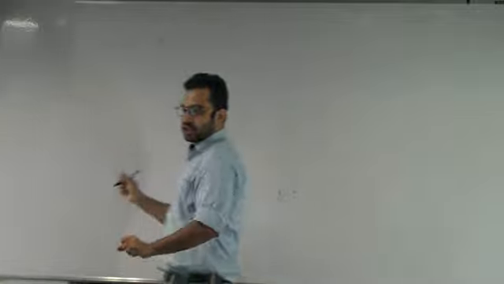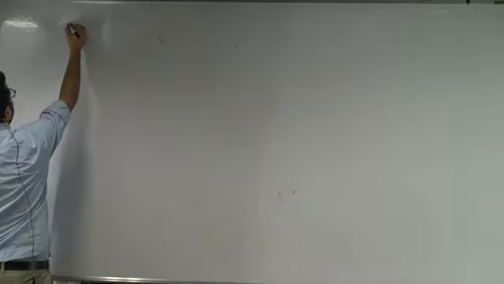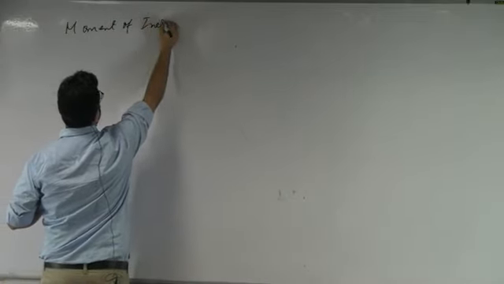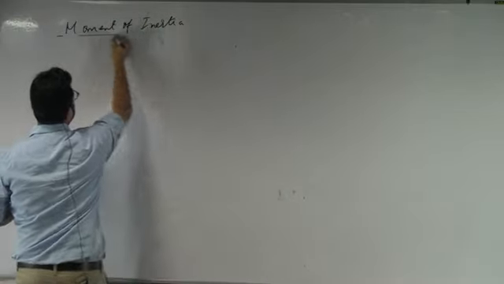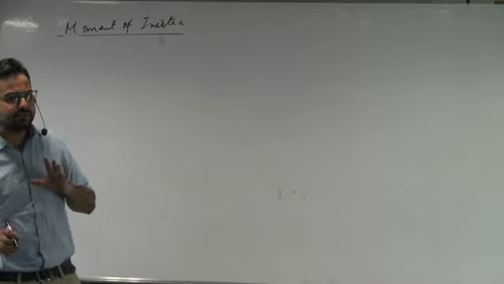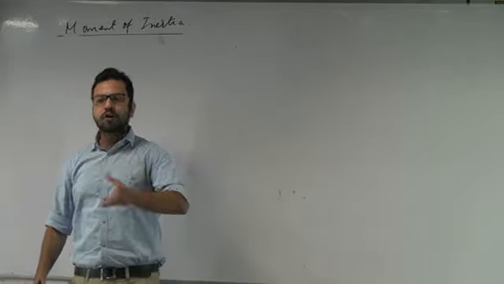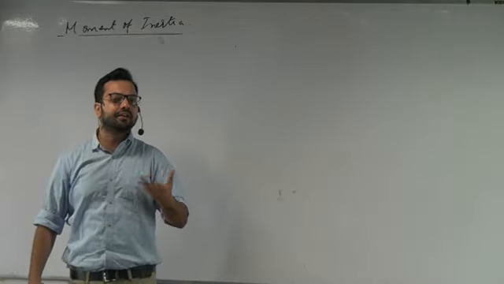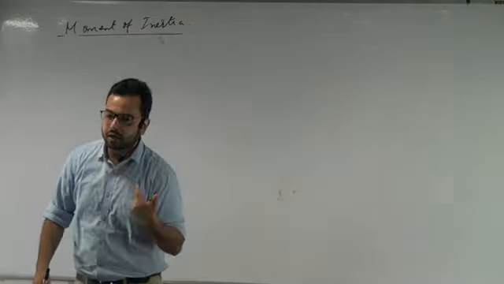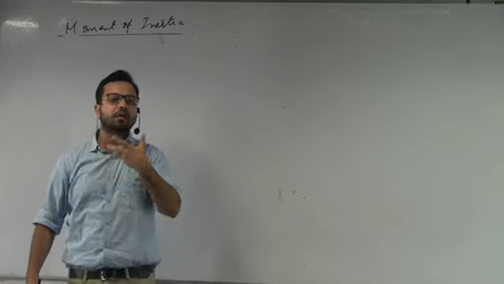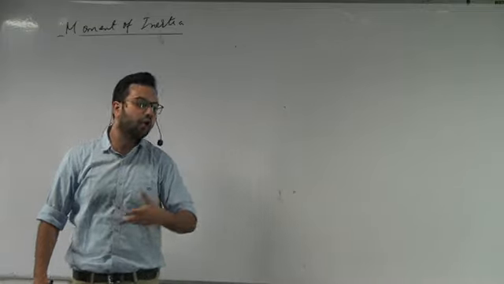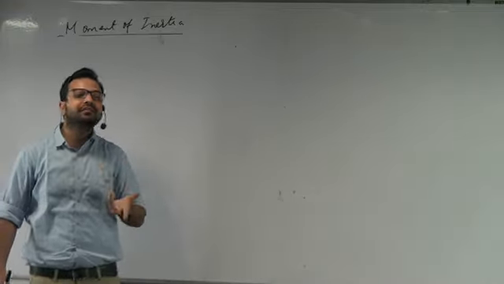Okay, so now let's deal with moment of inertia in detail. In the last class we touched upon it. So what does inertia mean? Inertia means accelerating something is difficult. If we talk in rotational terms, rotating something would be more difficult if it has more inertia, or more moment of inertia.